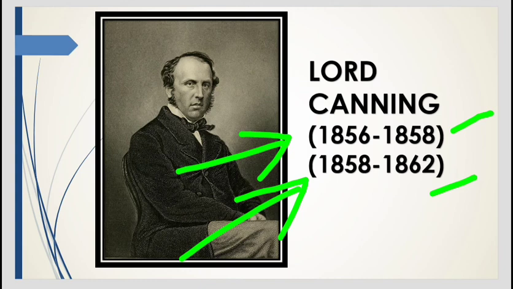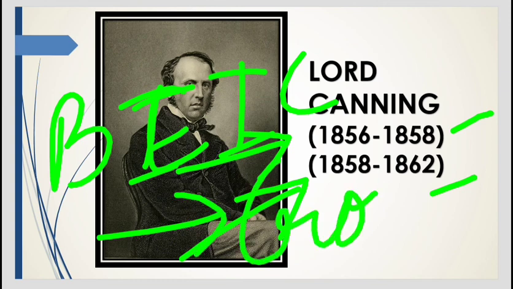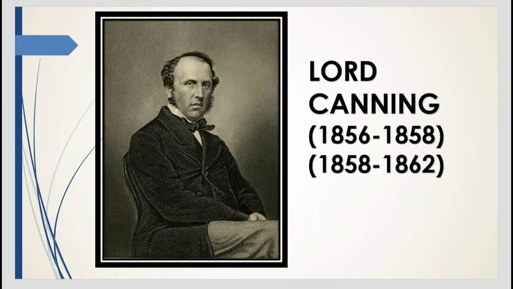So what happened is the British government got alarmed that all its territories will be gone if British East India Company will continue to rule. So all the territories, all the powers of government, all the revenues, etc. were transferred from British East India Company to the British Crown.